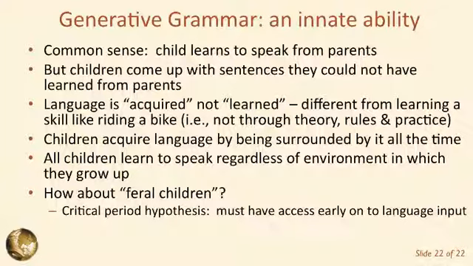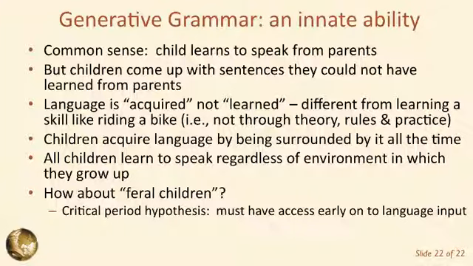Well, how does that relate to this idea of universal grammar or generative grammar? Well, linguists have identified something called the critical period hypothesis. And the idea here is that for your first language, it's important that you be surrounded by input in that language at an early age.